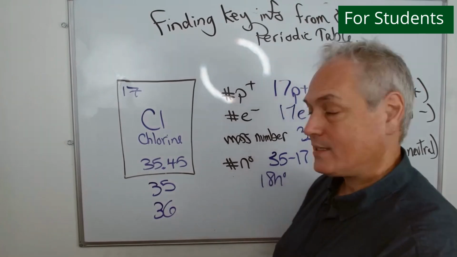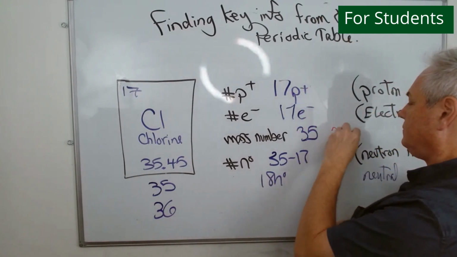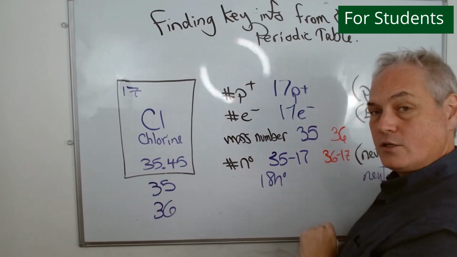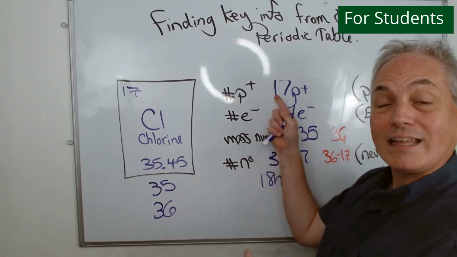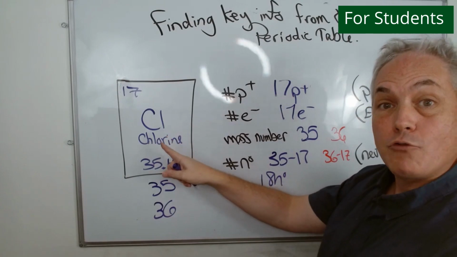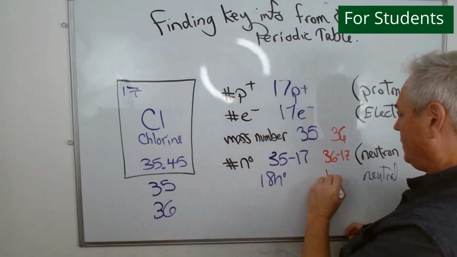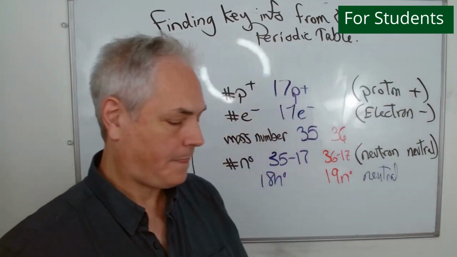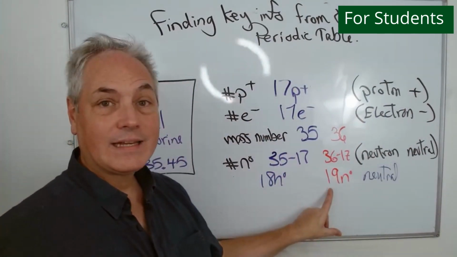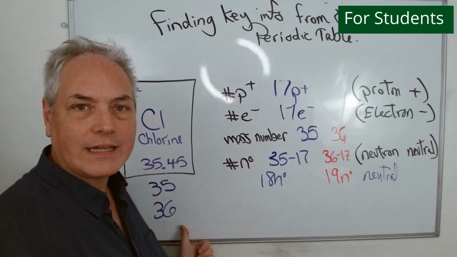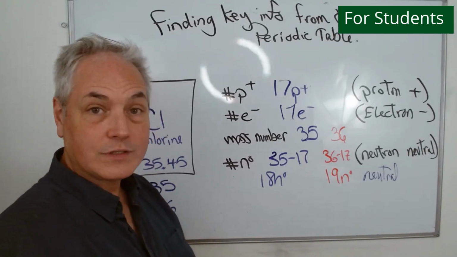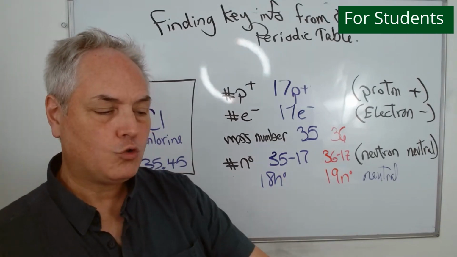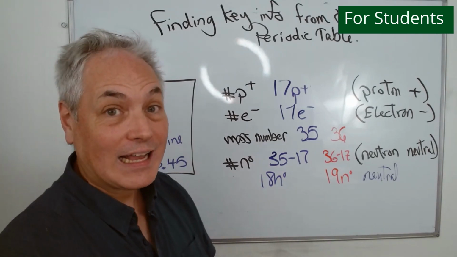Well, if you use 36, so 36 minus 17, because the atomic number never changes for a given element, we have here 19 neutrons if we're using a mass number of 36. So this brings us to a concept that we call isotopes.